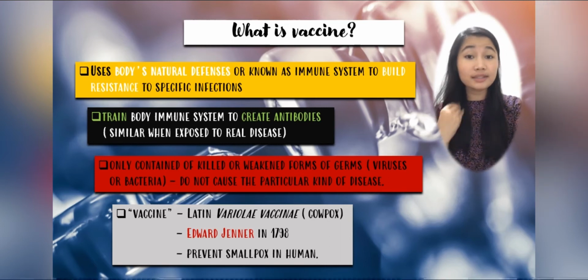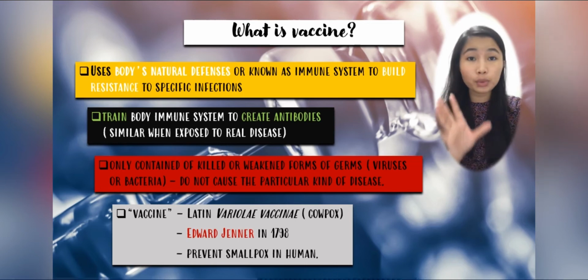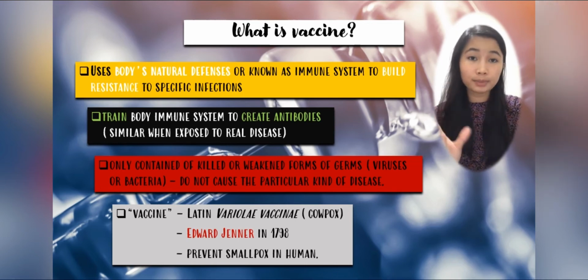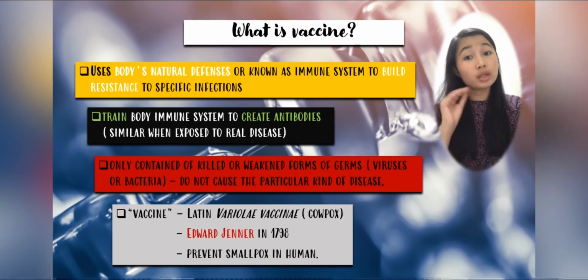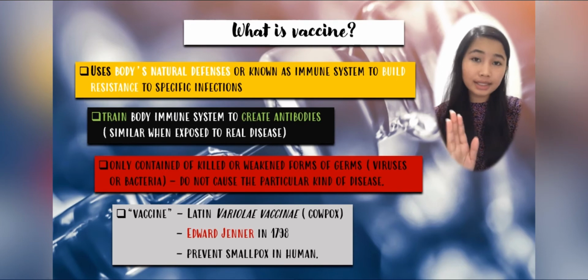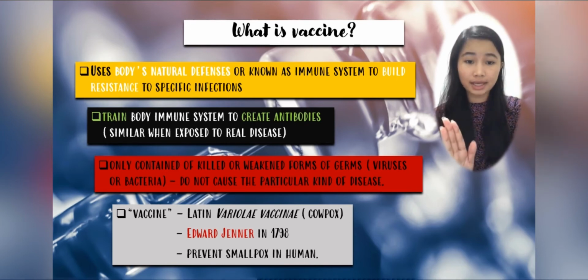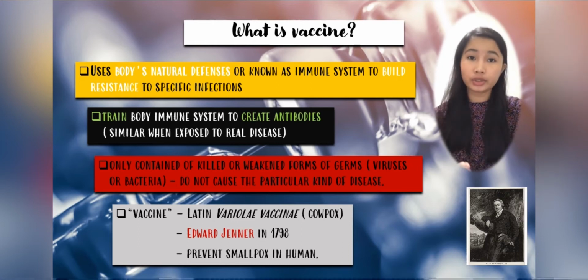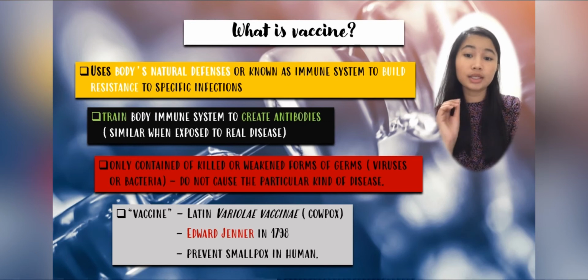However, these vaccines only contain killed or weakened forms of germs like viruses or bacteria, so they do not cause us the specific disease. The word vaccine originated from the Latin variola vaccinae, cowpox, which was demonstrated by Edward Jenner in 1798 to prevent smallpox in humans.